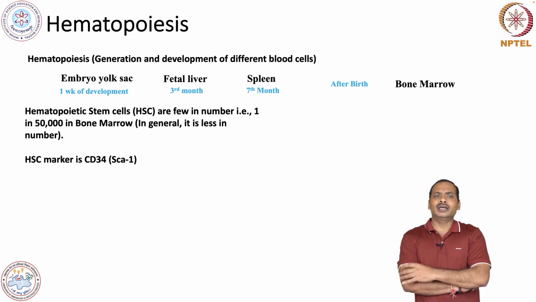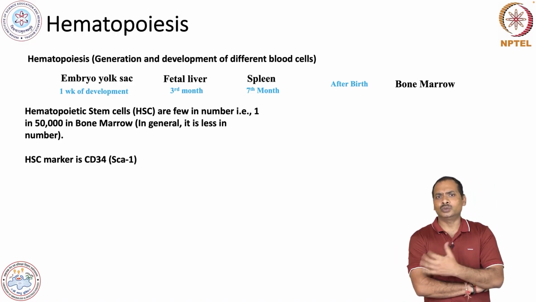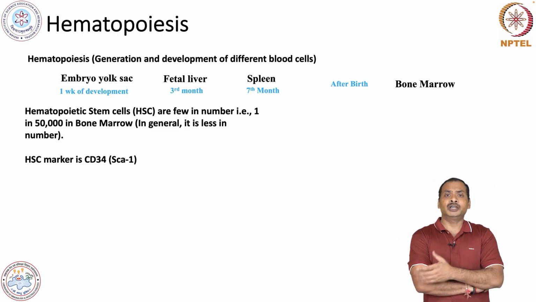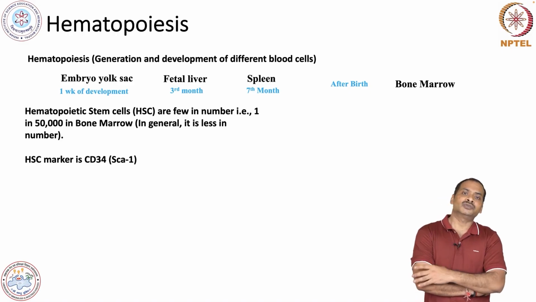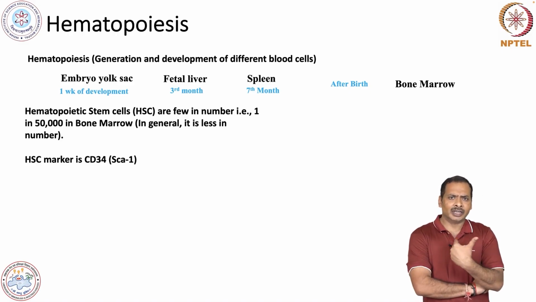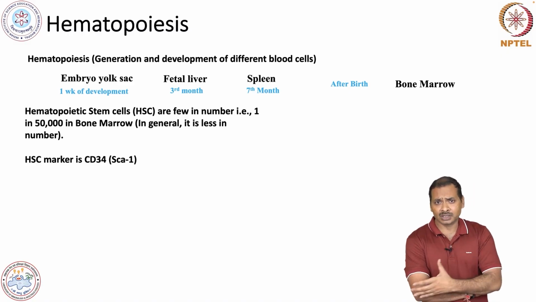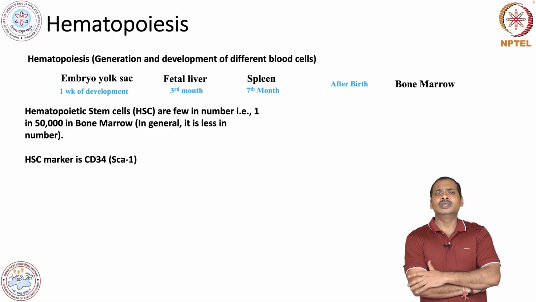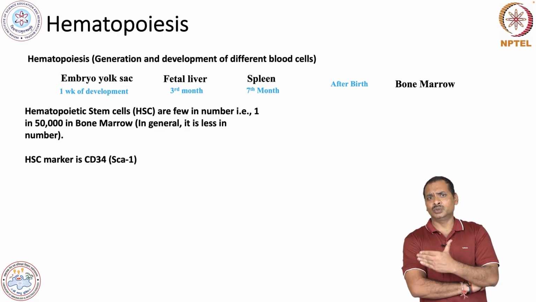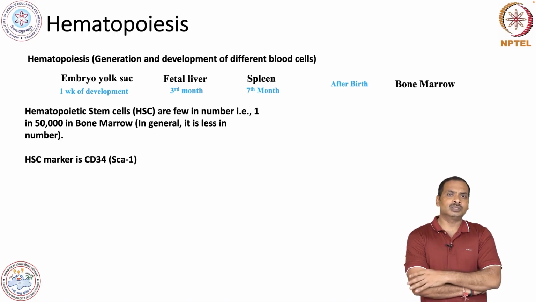In fact, we use this marker to isolate the hematopoietic stem cell when we perform various experiments. Here I am giving a note about the mouse, because in whatever immunological studies we do, we mostly use the mouse model. So, here I will talk about some of these mouse experiments as well.